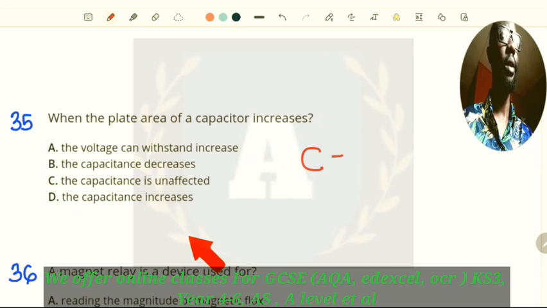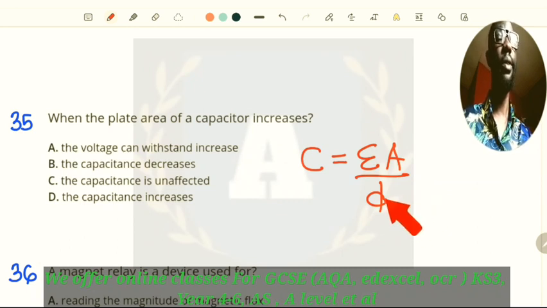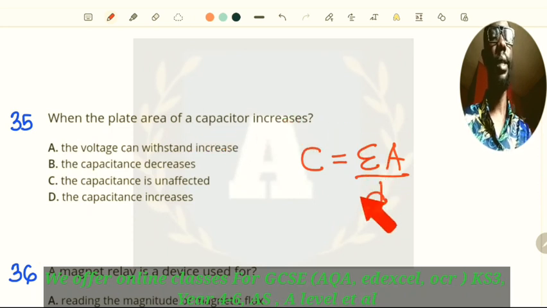All right, capacitance has actually been measured to be C equals epsilon A over D, where epsilon is the permittivity constant, A is area and D is distance or separation between the two parallel plates. So from here we can see that when the plate area of a capacitor increases, the capacitance will equally increase.